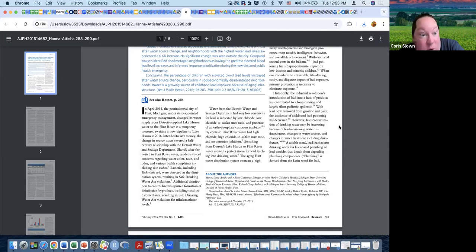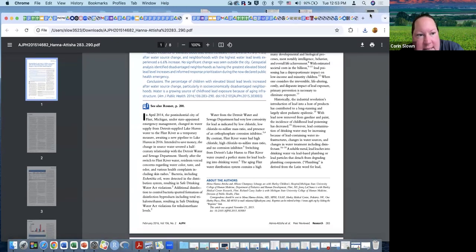To give you a little bit of context, Dr. Hannah Atisha and Dr. Champney Schnepp are physicians who were with the Children's Hospital, and they ended up measuring these values and really being taken aback by the concentrations that children were being exposed to. This article describes the process that they used for analyzing that data. It's a fascinating read, and a really great example of chemistry and context.